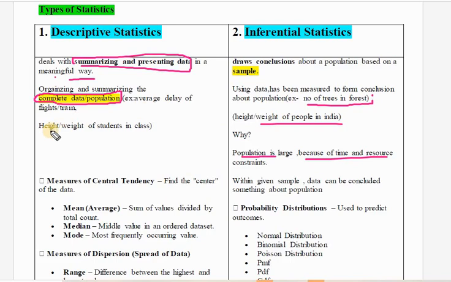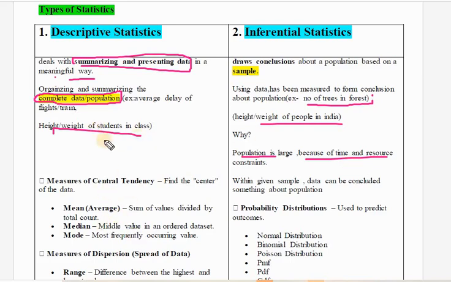Whereas in descriptive statistics, for the height and weight of students in a class, you take all the individuals because the population is small. You calculate the height and weight of every student in the class, and then the average weight of the class. But in inferential statistics, you take some sample and do it that way.